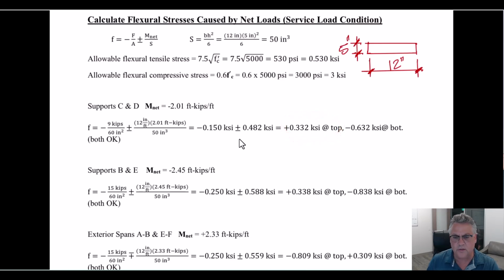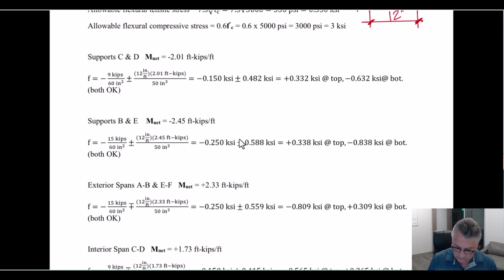So we get 332 psi at the top and negative 632 psi at the bottom. So tension at the top, which is what we would expect, and the bottom of the joint is 632 psi. Not something we would normally check, but in the academic world we're going to. So you can already tell that that's less than 530. We're looking pretty good.